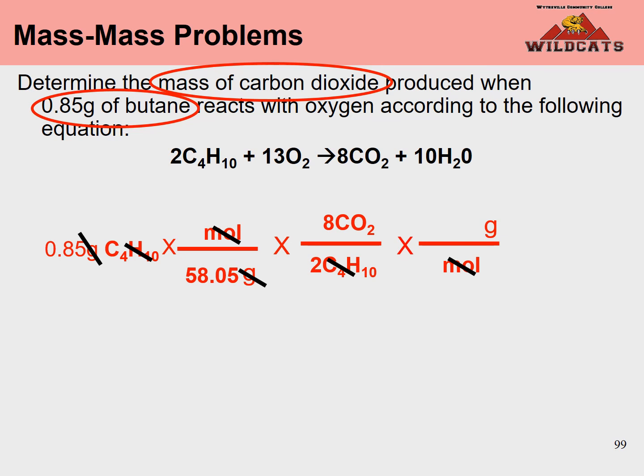So I need the mass of just CO2, and that's 44.01. And at this point, we would just put the numbers in our calculator. Take 0.85 divided by 58.05 times 8 divided by 2, and then multiply by 44.01. And we end up with 2.6 grams of CO2 because we just started with 2 significant figures at the beginning.